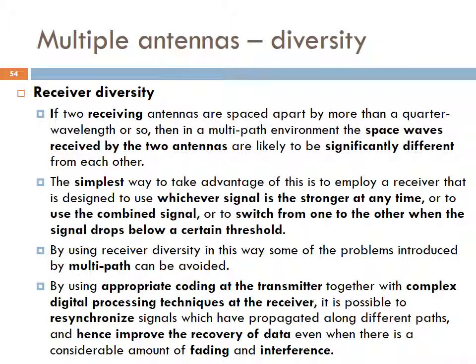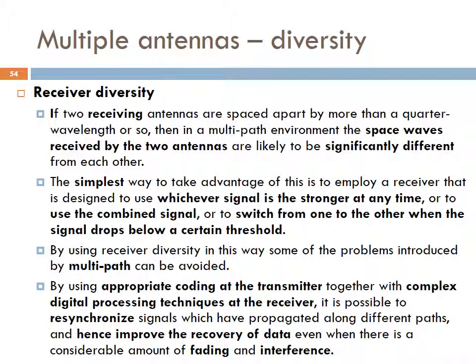The simplest way to take advantage of this is to employ a receiver that is designed to use whichever signal is the stronger at any time, or to use the combined signals, or to switch from one to the other when the signal drops below a certain threshold.